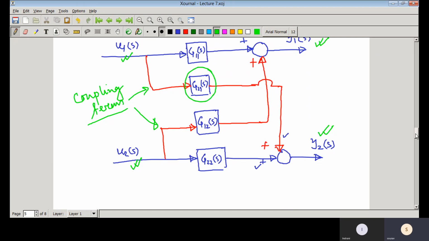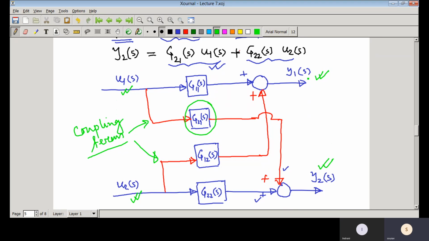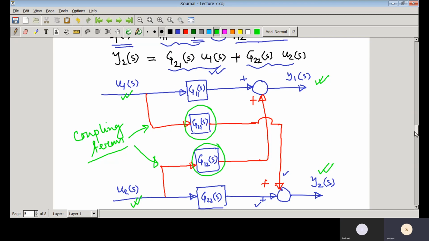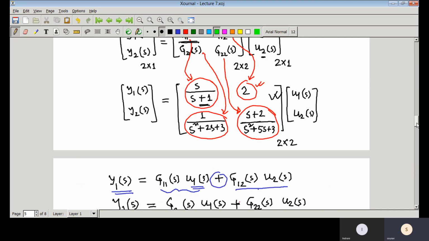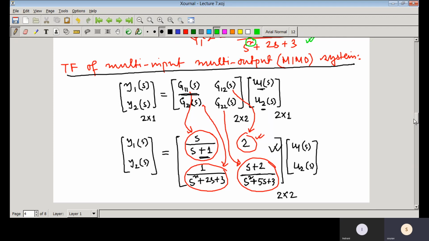And Y1(s) depends on U2 through this particular transfer function. So these two transfer functions, G12 and G21, are the coupling terms. And this is the transfer function representation of multi-input multi-output system.